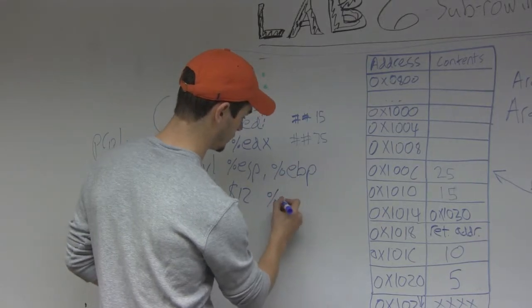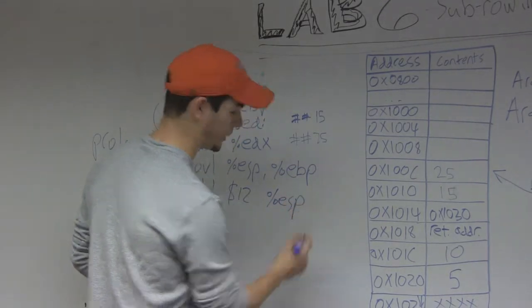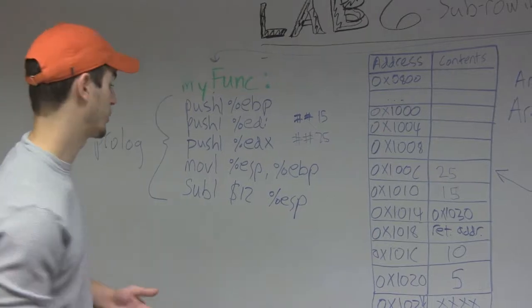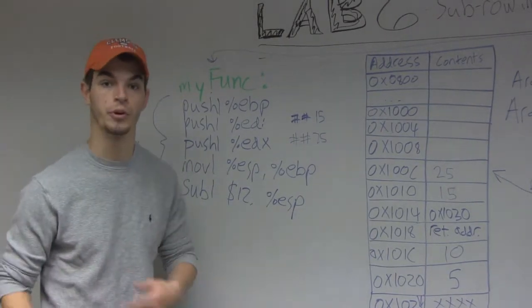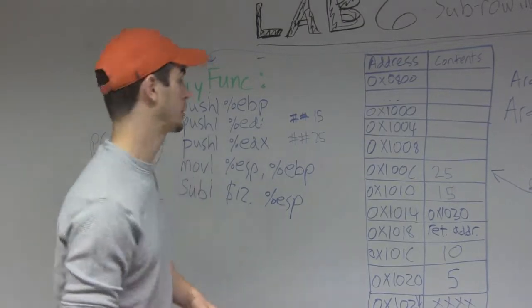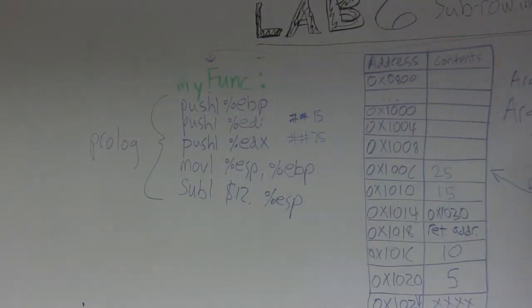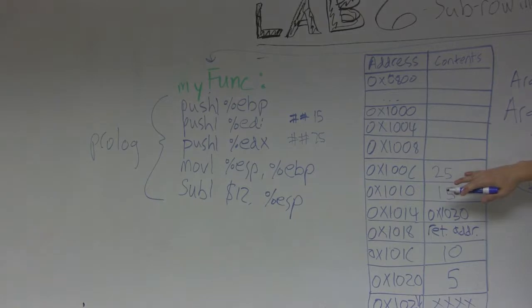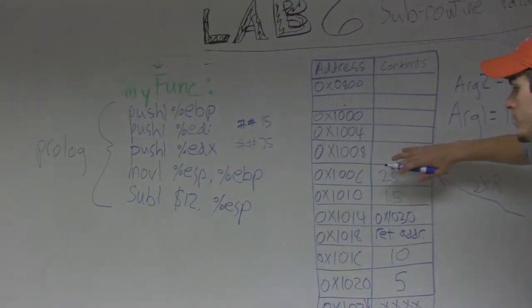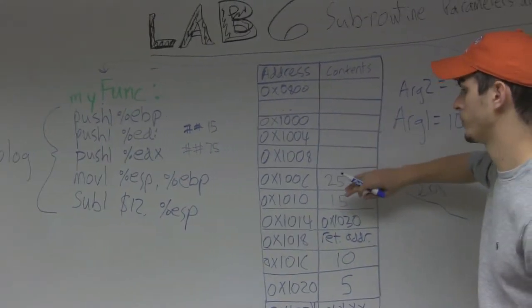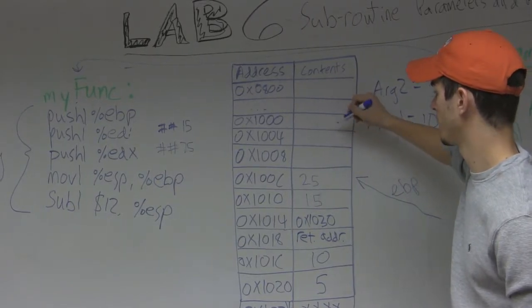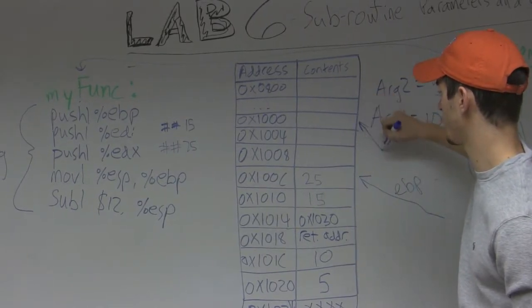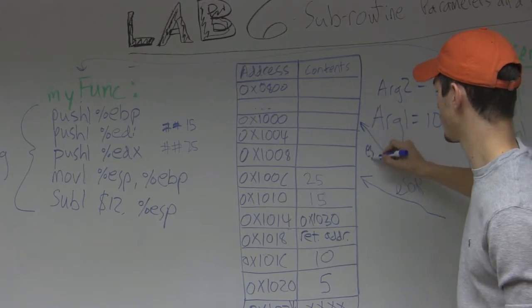By doing that, we are allocating space for 3 local variables in myfunc. So now our ESP will be pointing 12 bytes above. So it would be 1, 2, 3. Now our stack pointer is pointing here.